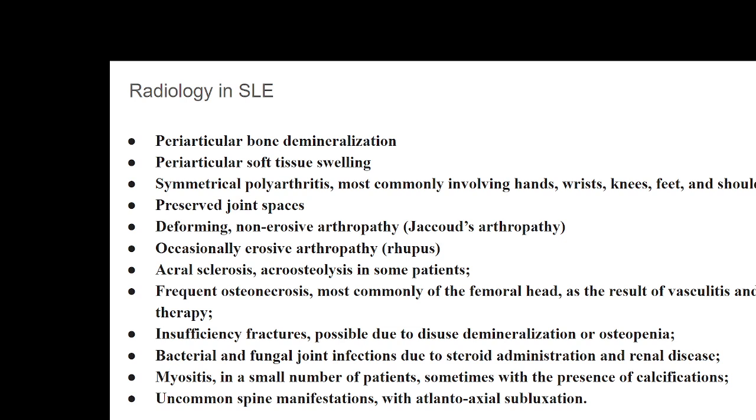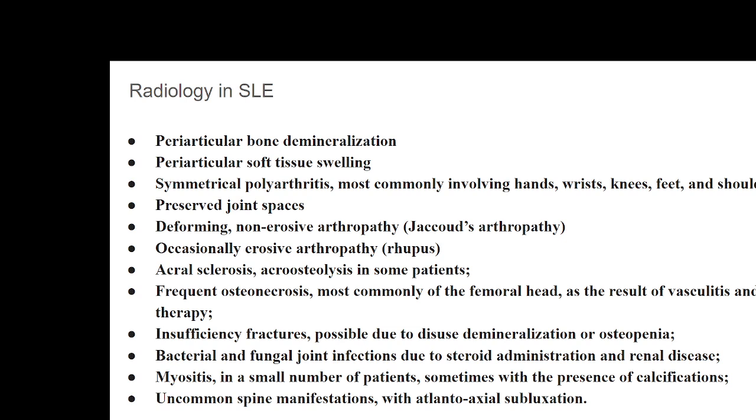Or it could be sclerosis, the hardening of the bone at the epiphyseal end of the bone, that's acral sclerosis, or even osteonecrosis, necrosis of the bones like the femoral head. Many times avascular changes also can occur in the joint.